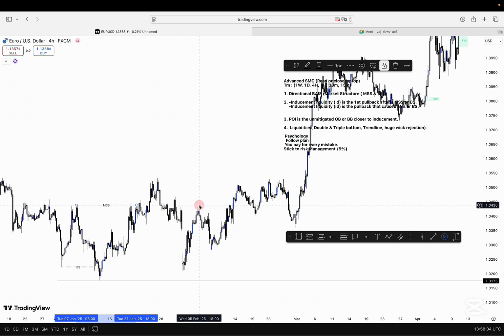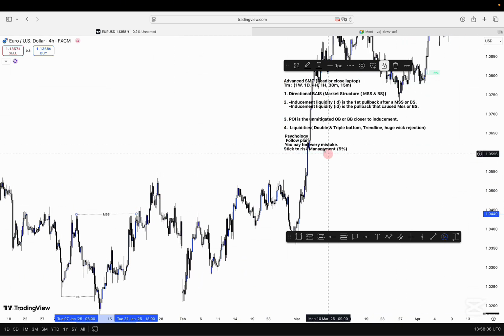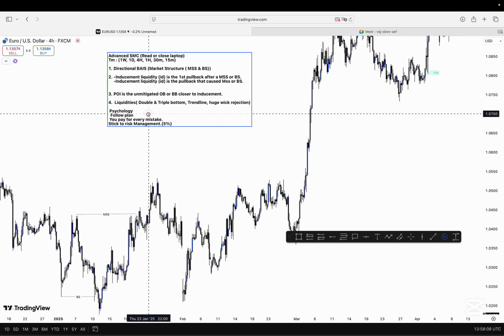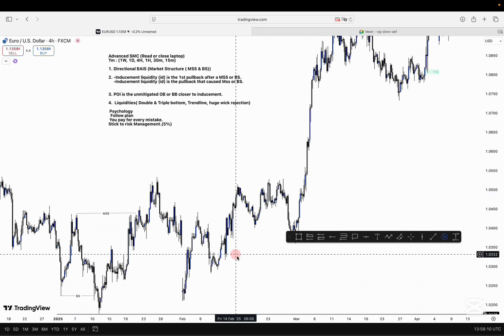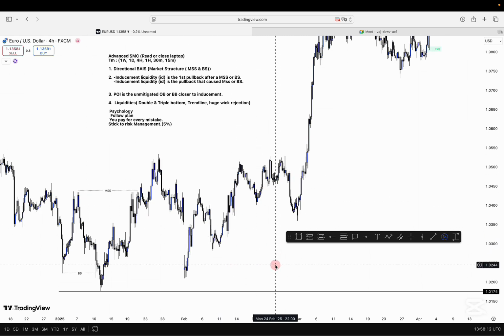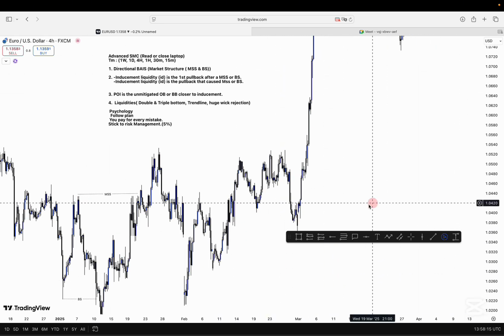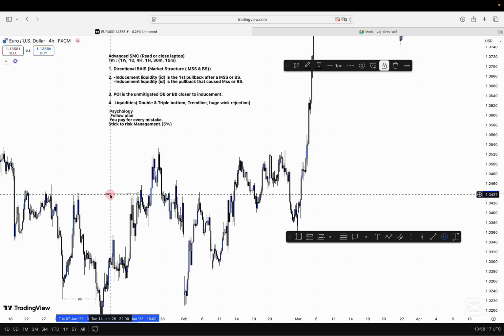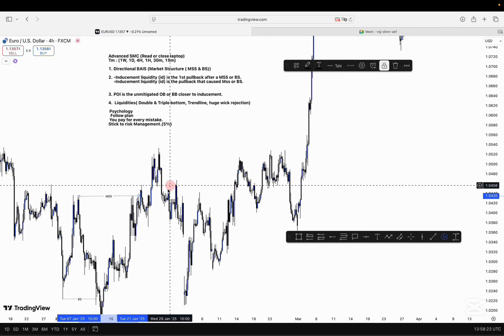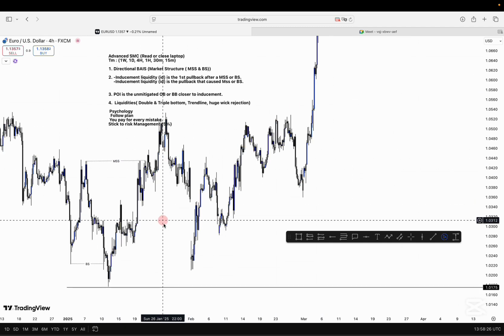So after a market structure shift, what do you look for? After a market structure shift, you're looking for the high, the order block that led to the market structure shift. And that order block should have what?